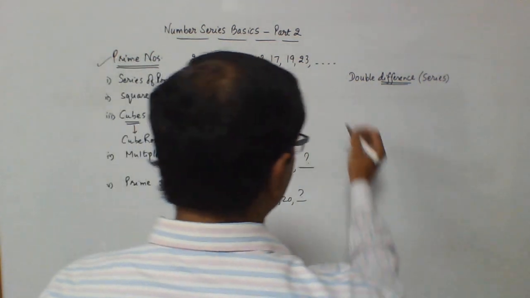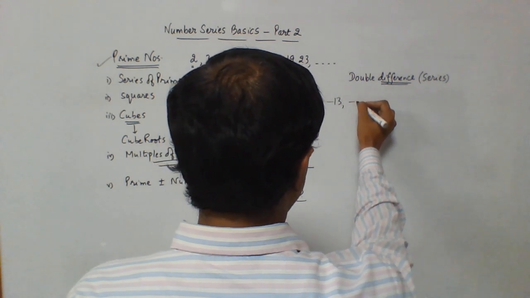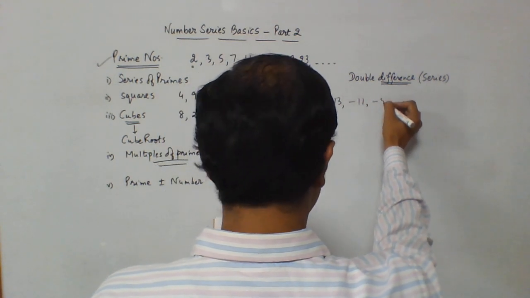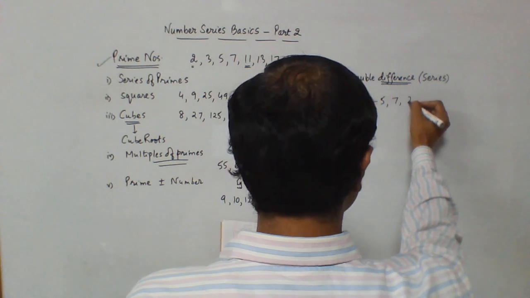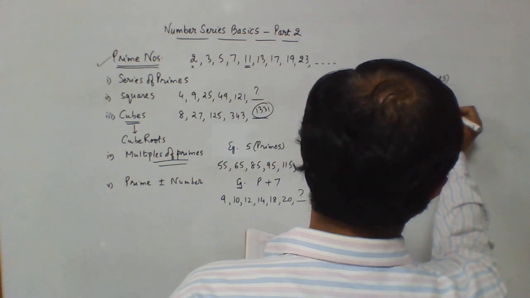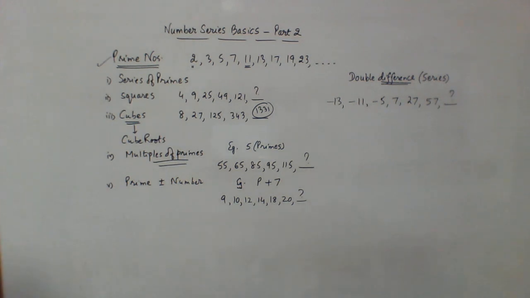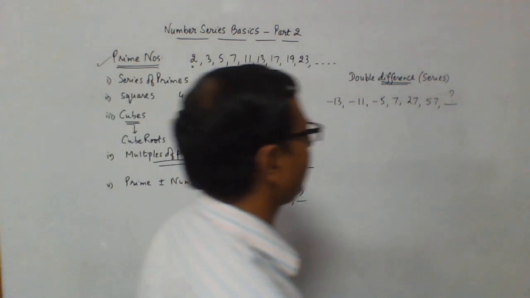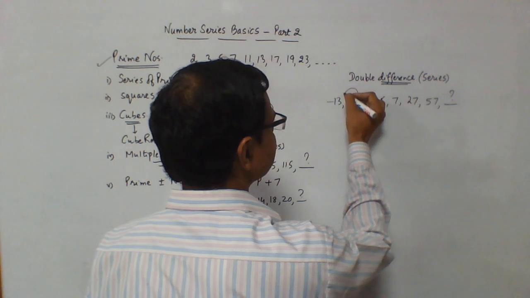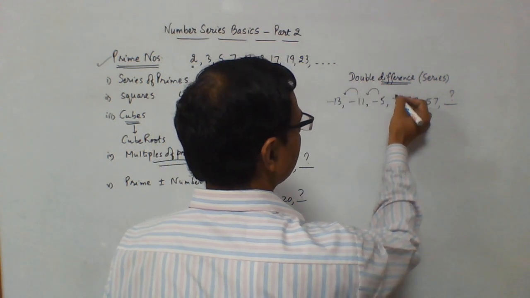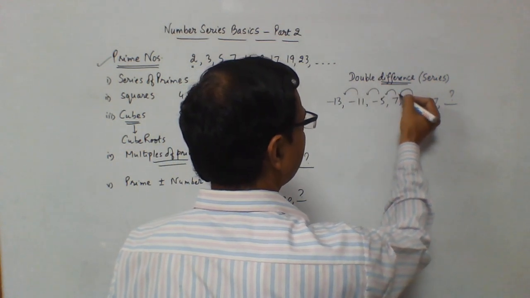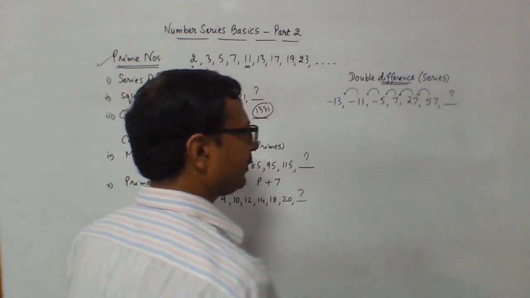Suppose you are given a question: minus 13, minus 11, minus 5, 7, 27, 57, and you are asked what comes next. Now if you start taking the difference of the second term and the first term, then third and second, and so on, you will come to know about a property these numbers are following.